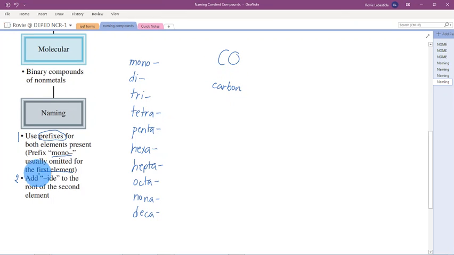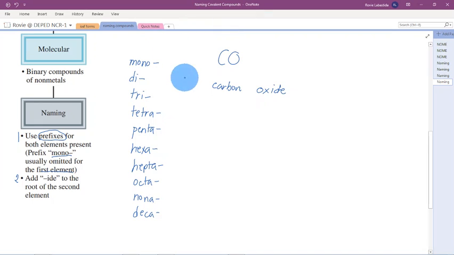And then add -ide to the root of the second element, oxygen. However, I haven't used any prefixes yet. So how many carbon atoms do we have in the formula? We have 1. And for oxygen, we also have 1.